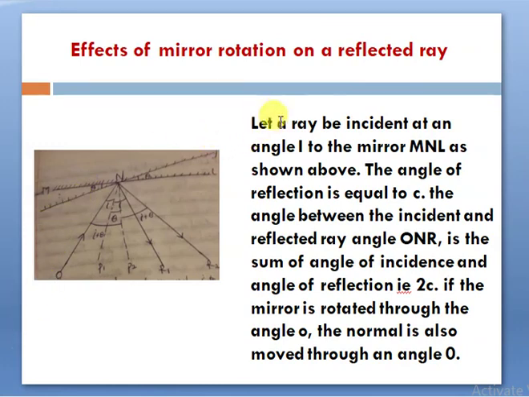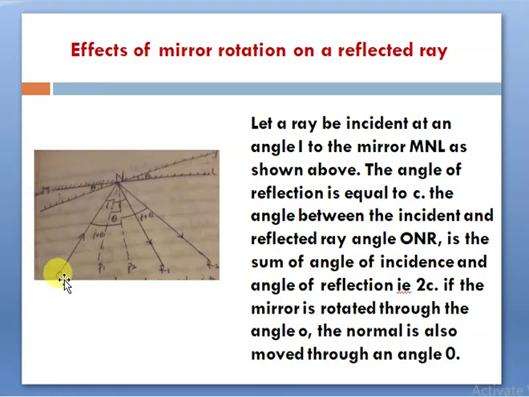Fixed. Now, let a ray be incident at an angle I to the mirror MNL. Now, look at this mirror. You have your mirror MNL, the first mirror, and this is your normal NP1.